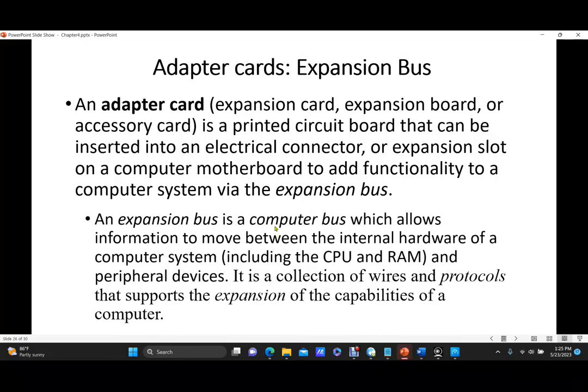An expansion bus is a computer bus that allows information to move from one hardware component in the system to another, and peripheral devices to other components. It's a collection of wires and protocols that supports the expansion of the capabilities of the computer.